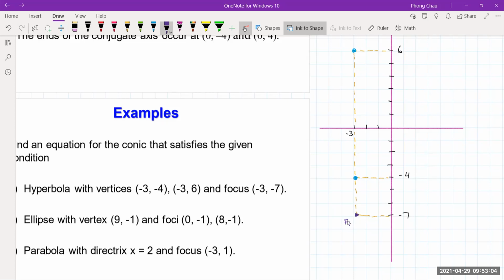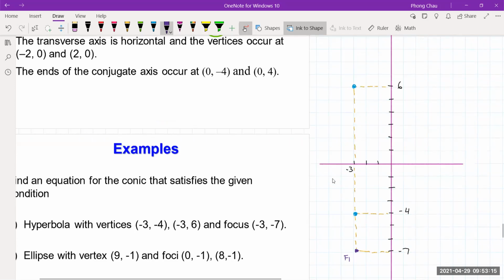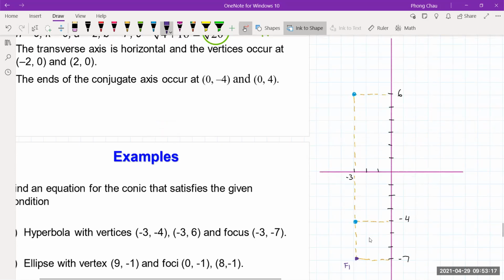Now, without saying the other focus, I know where it's located because of the symmetry, right? So the focus 2 will be like 1, 2, 3. I think it's up here. It's down 3, so up 3. So that has to be my focus 2 there. Okay.